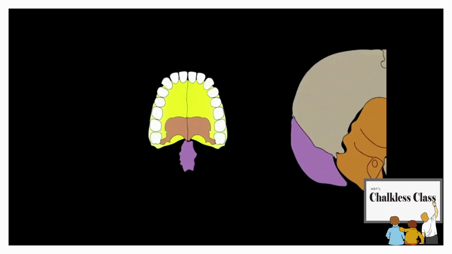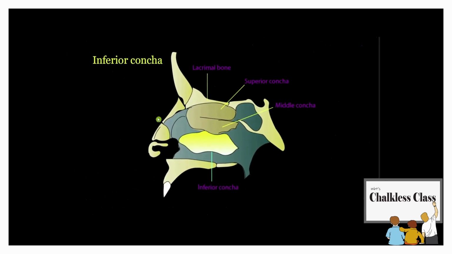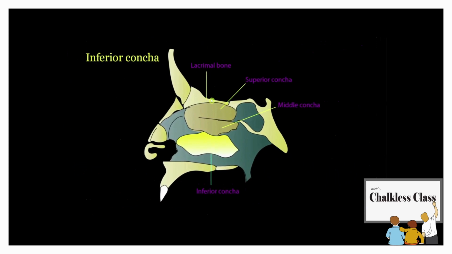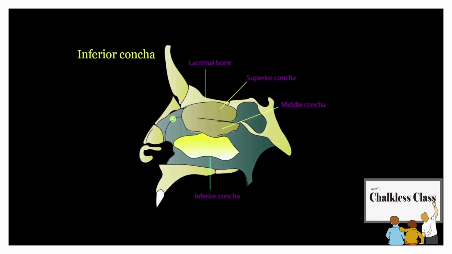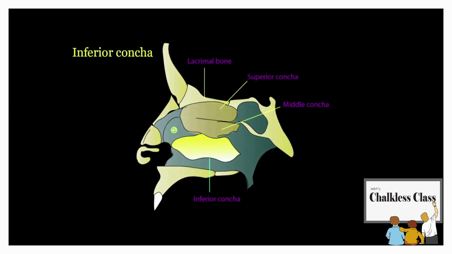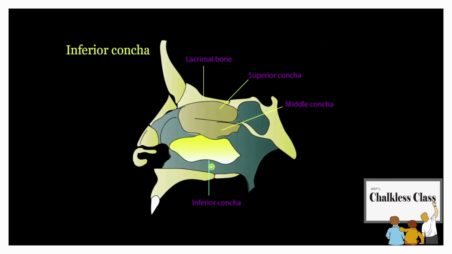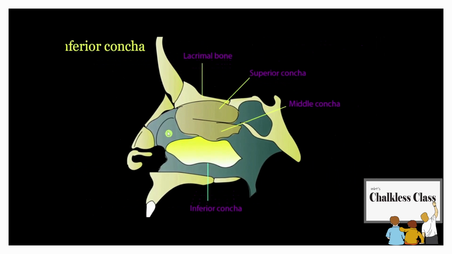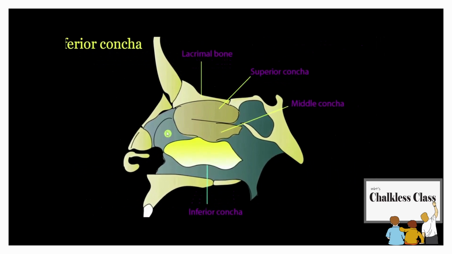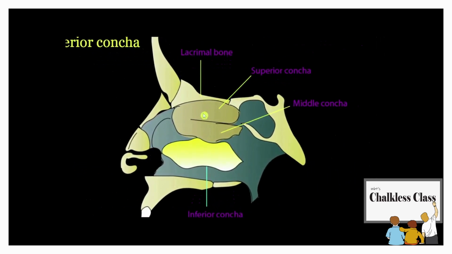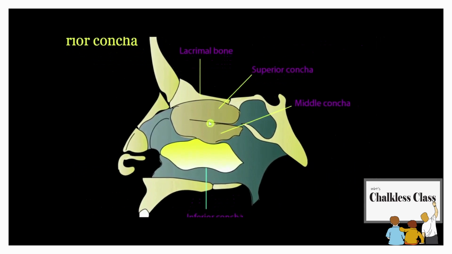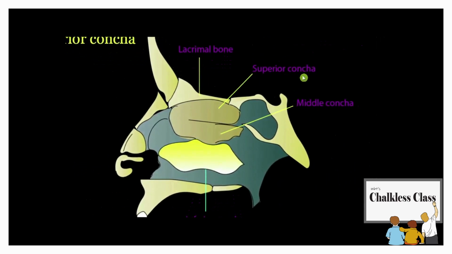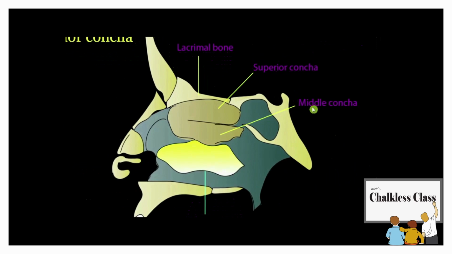These are 2. This is the sagittal section of the head. This is the lacrimal bone and this is the maxilla. This is the nasal cavity. The entire space is the nasal cavity. The nasal cavity is divided into 2 by the nasal septum. The nasal septum is supported by 3 bony elements. One is the superior concha and the middle concha.